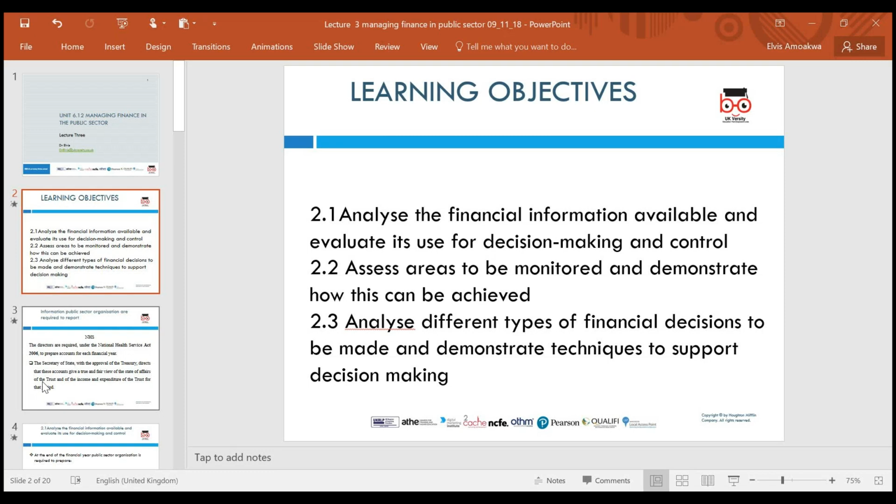As I said, I'm going to give you a template structure to use for the assignment. You have the introduction, the body of the essay, and the conclusion, with the assessment criteria like 1.1, 1.2, 2.1, 2.2, 2.3 as subheadings within the body of the essay. If you have any question, please ask me.